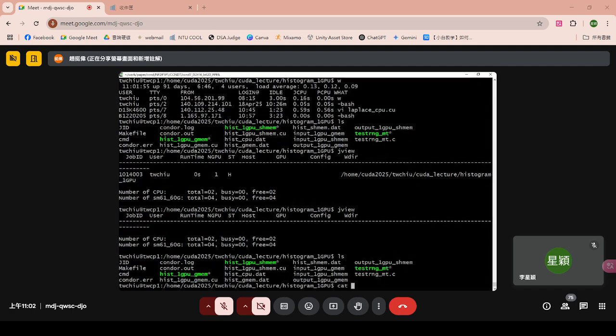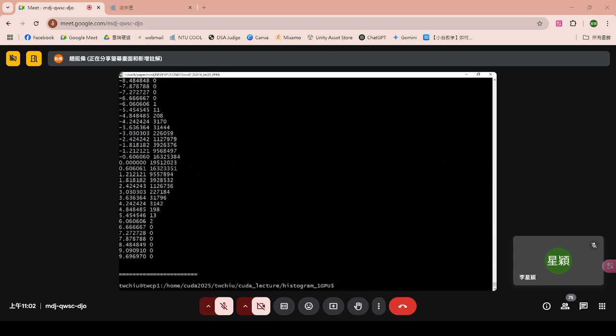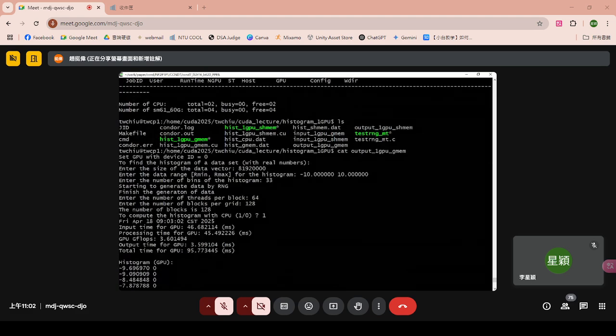Let me see the output, one GPU global memory. You can see the device ID has been assigned to 0, and this just echoes the input parameters.